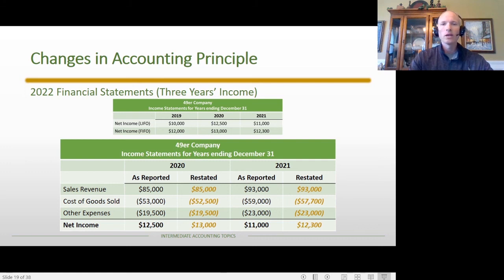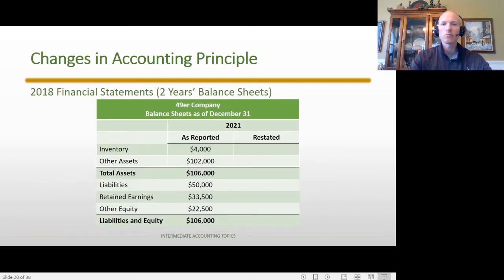The reason is because income statements are year to year. In other words, each year stands alone. But as soon as you get to the balance sheet, they accumulate. Any effect that you see on the balance sheet is going to be accumulated up to that point. And so in 2021, there were 3 years of differences that are all going to accumulate on this one change or restated amount on the balance sheet.